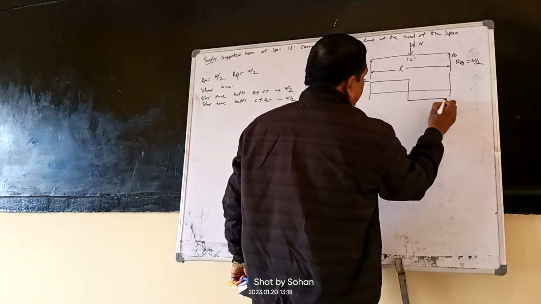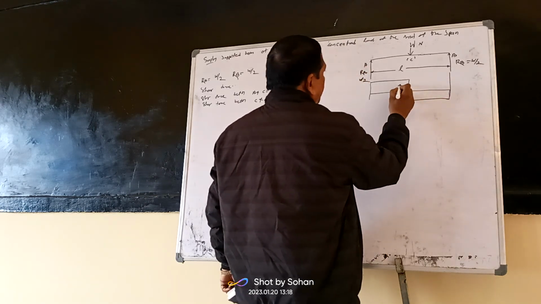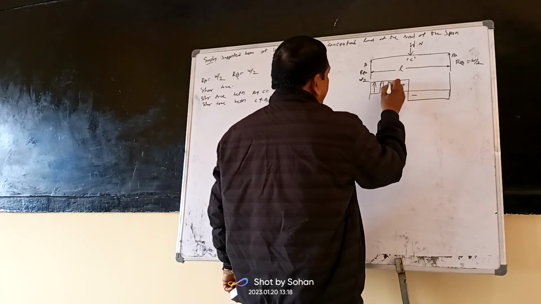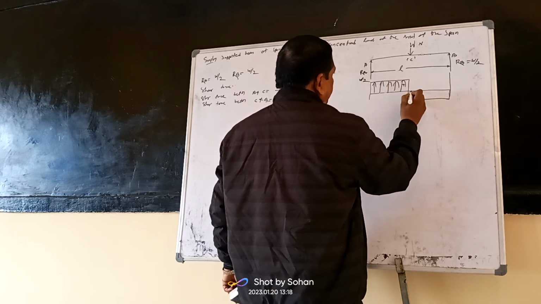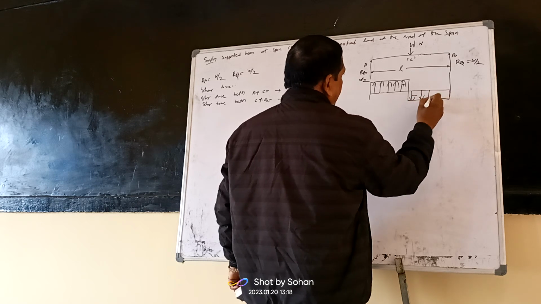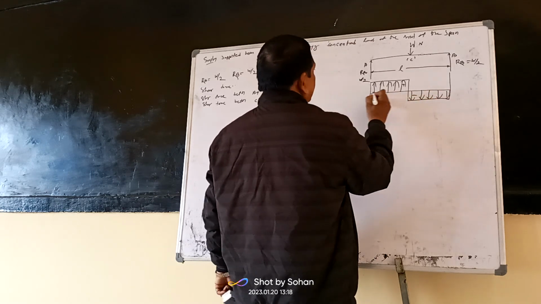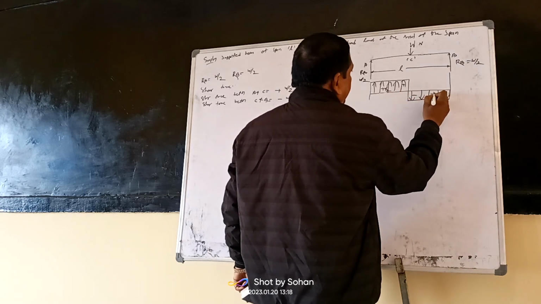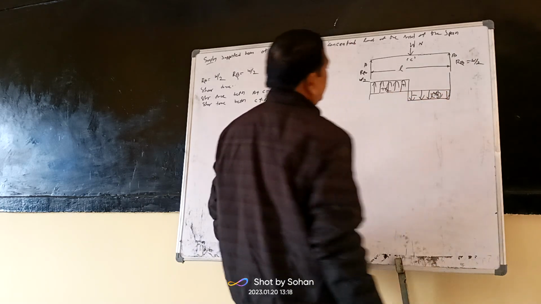The shear force changes its sign from positive to negative at the point C. So plus W by 2 and this is minus W by 2.